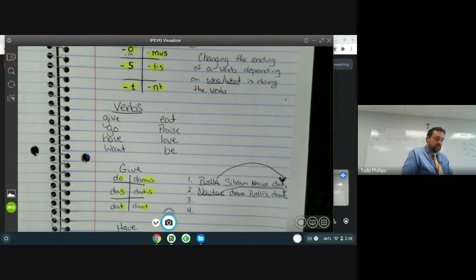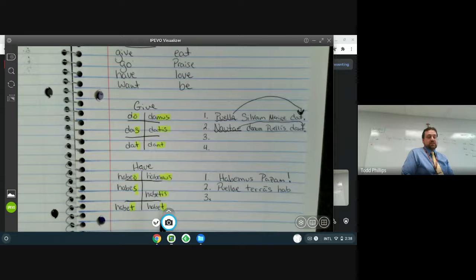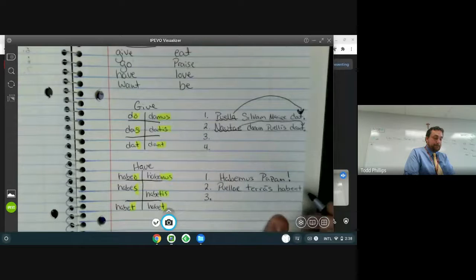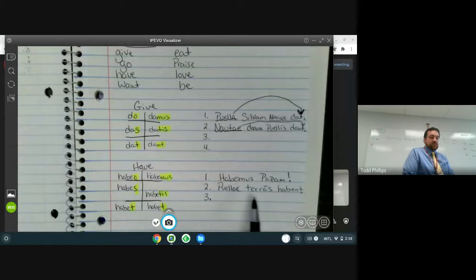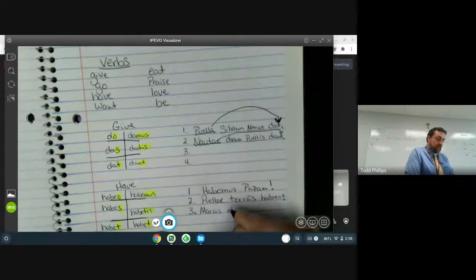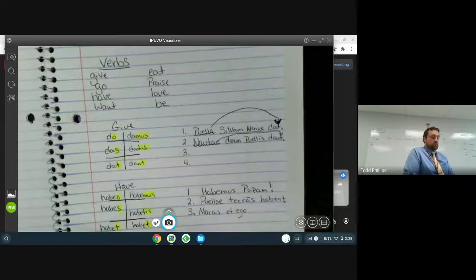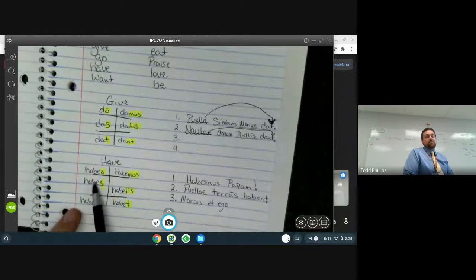The girls are doing the thing, that's why we used puellae, but they have lands. Having things means those things are in the accusative. So we're going to do terras. Terras have.